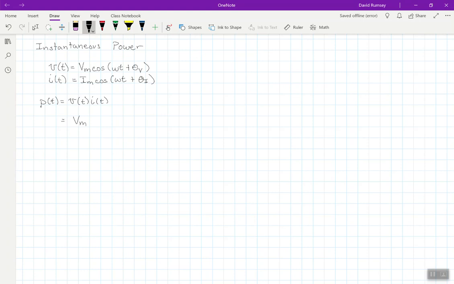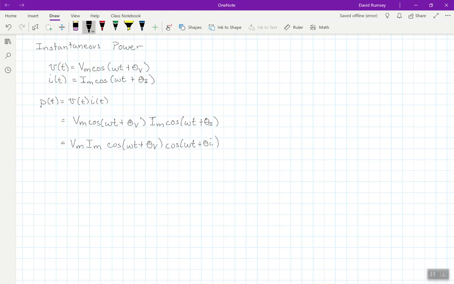This would just be Vm cosine omega t plus theta v times Im cosine omega t plus theta I. So this is Vm times Im cosine omega t plus theta v times cosine omega t plus theta I.